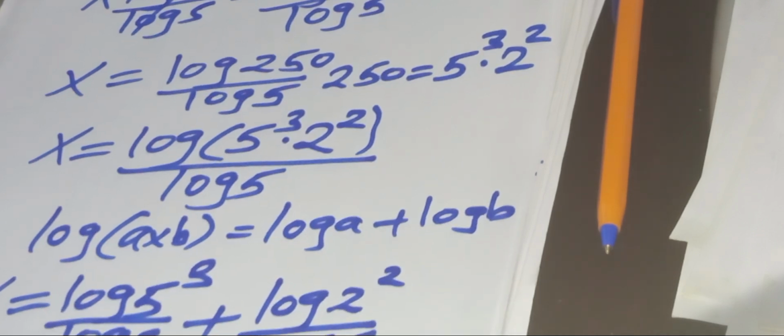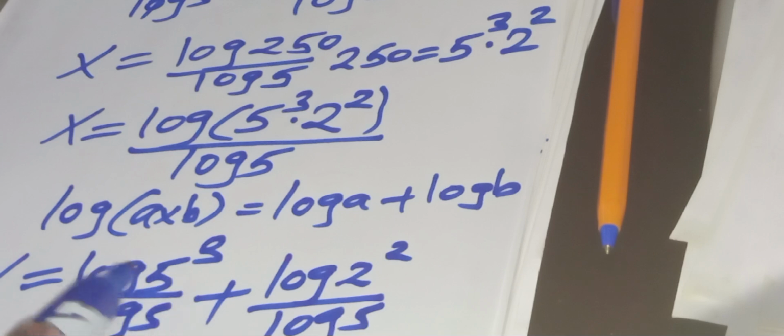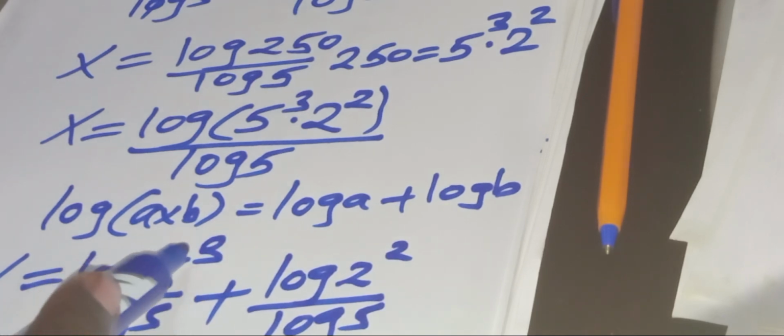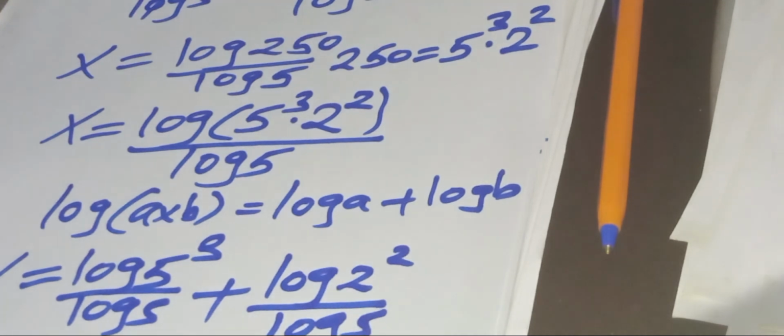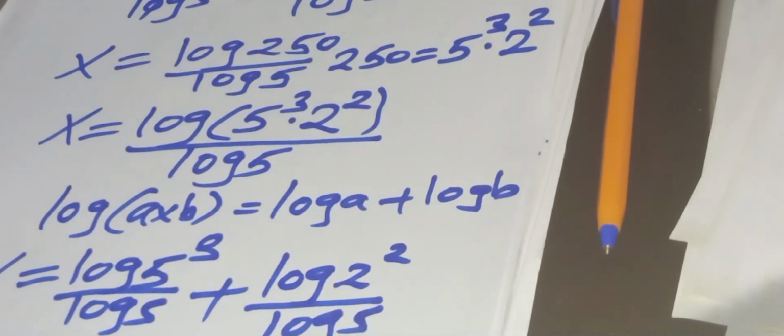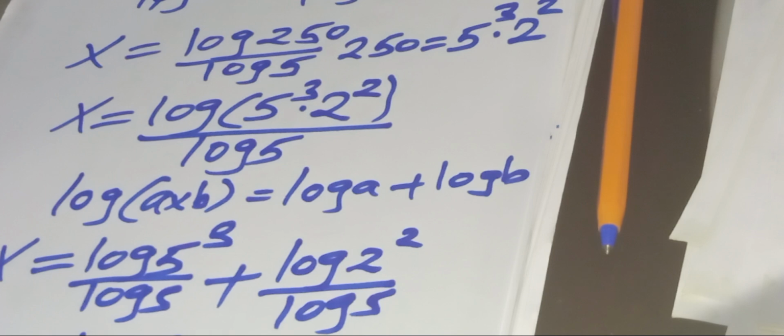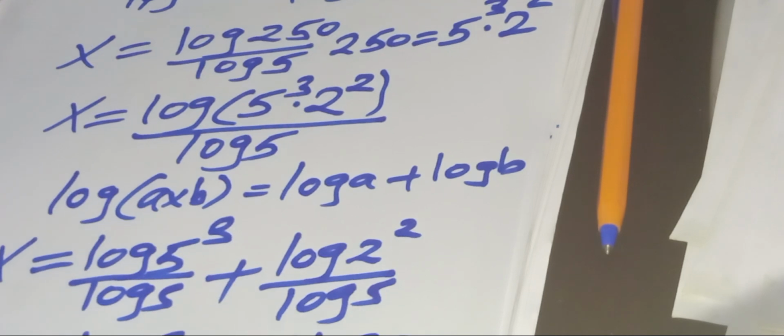Now, simplifying this further, applying the power rule property, log 5 to the power 3 becomes 3 log 5 divided by log 5 plus 2 log 2 divided by log 5. So let's simplify further.